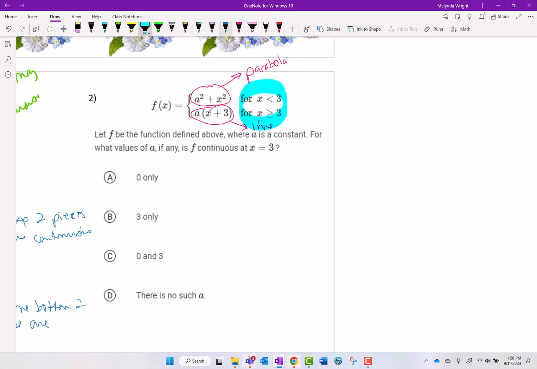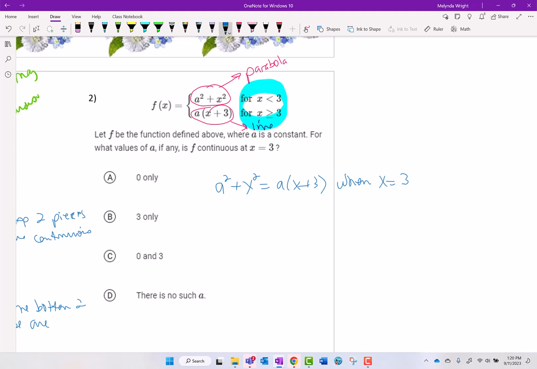That's all I care about. Where they connect, okay? So we're going to take each piece, a squared plus x squared equals a times x plus 3 when x is 3. Again, why do I care? Why am I making them equal to each other when x is 3? Because that's the dangerous part. That's when it might not match.